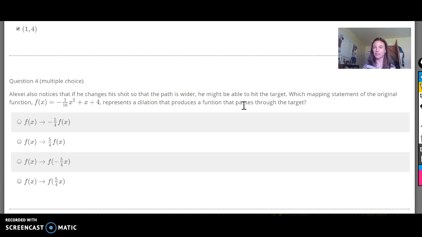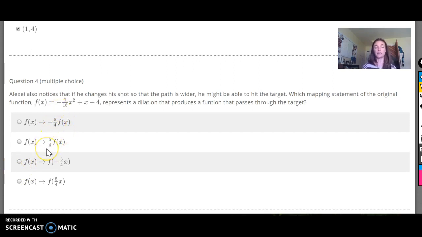It's not flatter. It's actually narrower. So let's just be clear on that. And then when we are doing those dilations, it's that A value where you're multiplying the entire function by that A value.